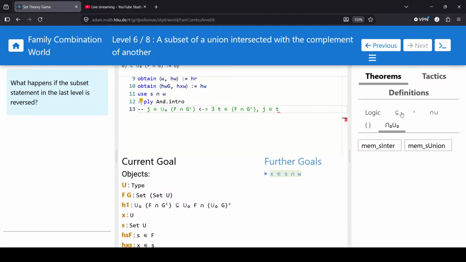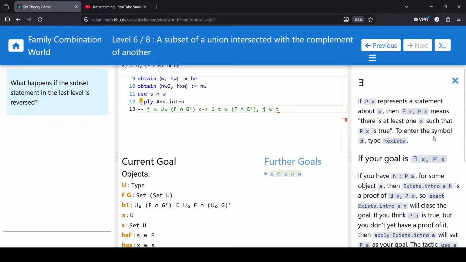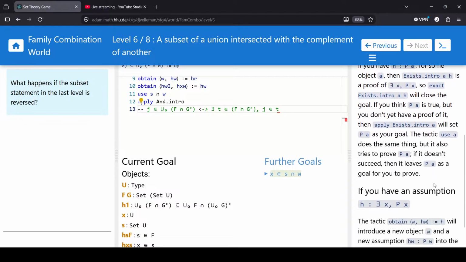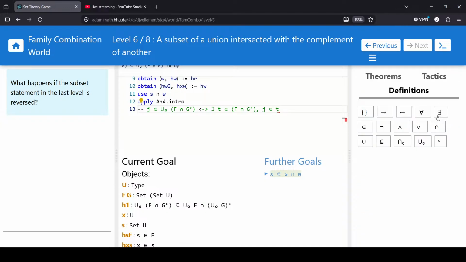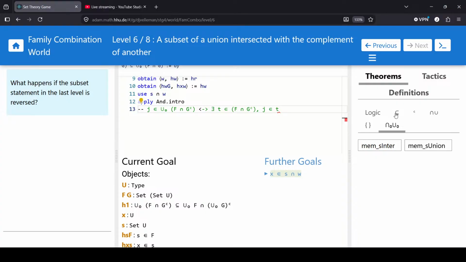Isn't there a rewrite for this? No, that's that.